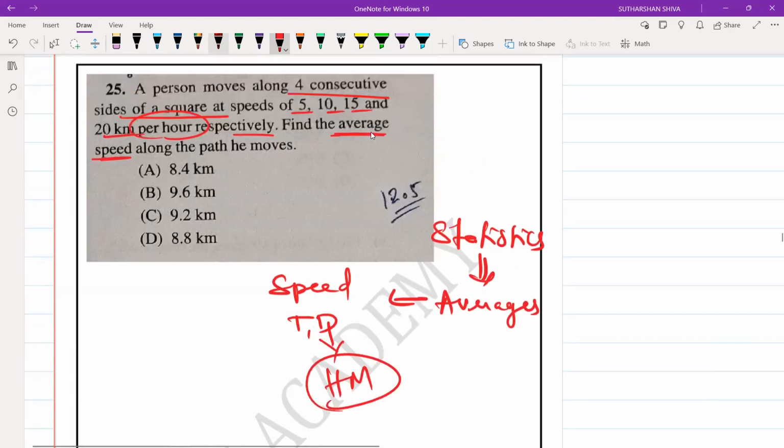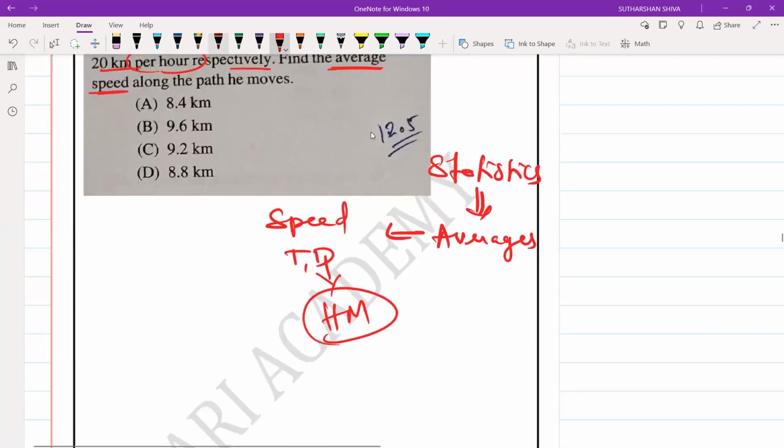What is the formula? N divided by 1 by N1 plus 1 by N2 plus 1 by N3 plus 1 by N4. That's what you are going to do, the general addition process.